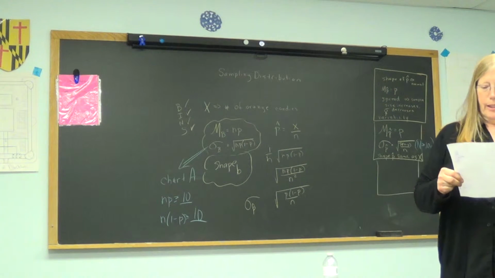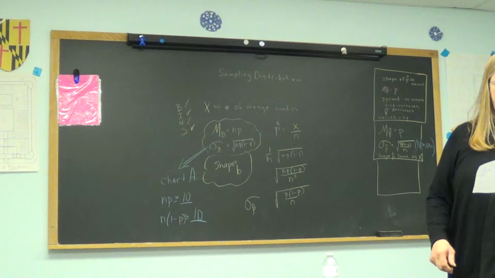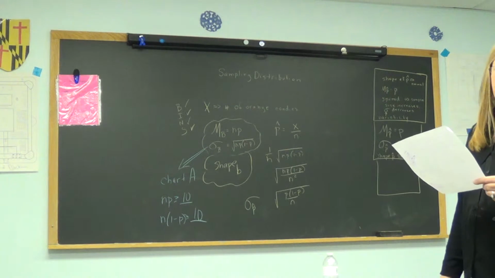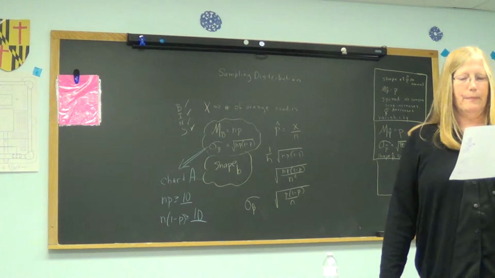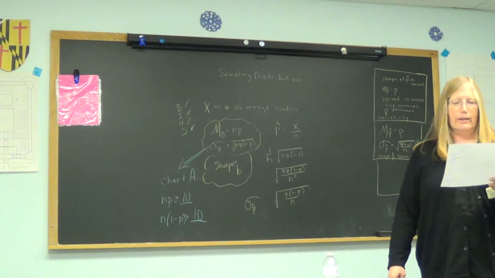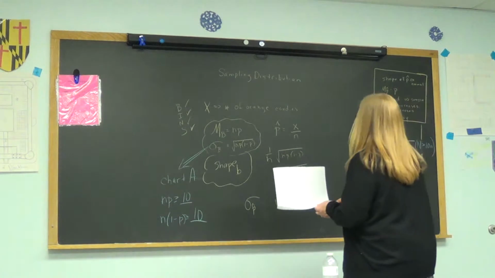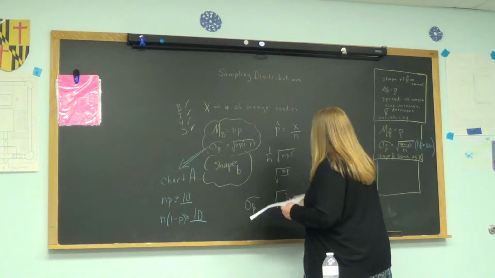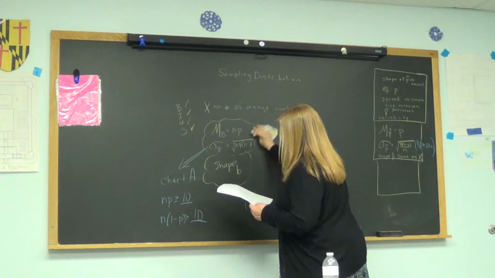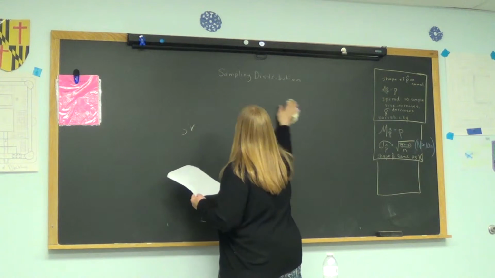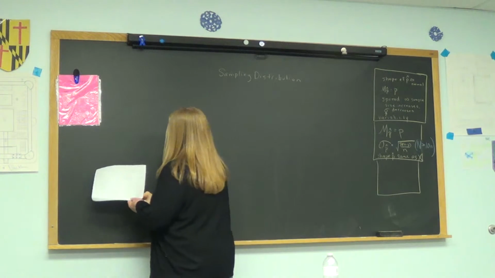How about the one on your paper? Turn to the back where it says Check Your Understanding. Elena, read it to me. About 75% of young adult internet users ages 18 to 29 watch online videos.